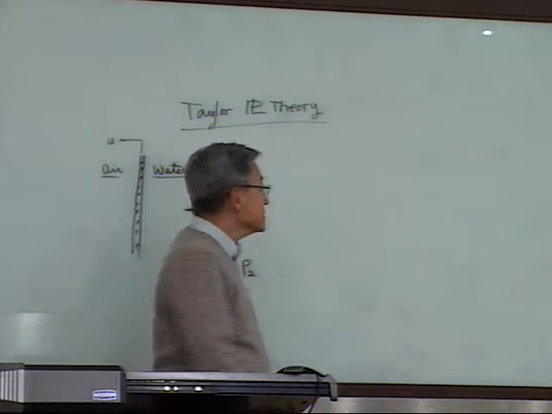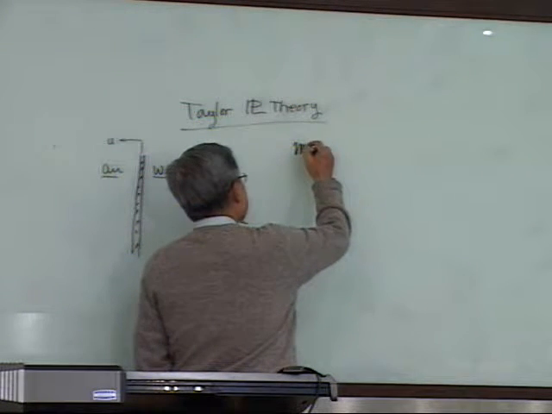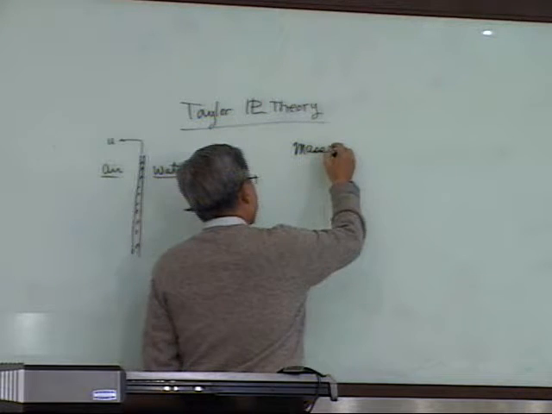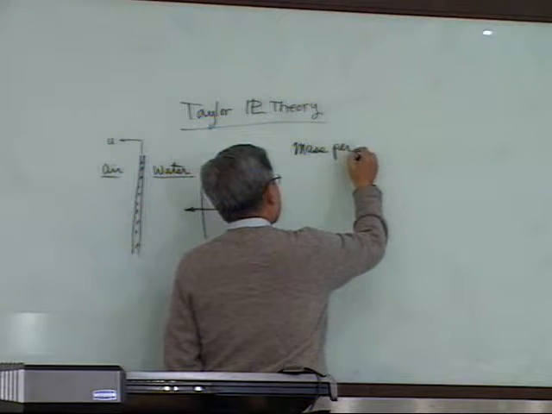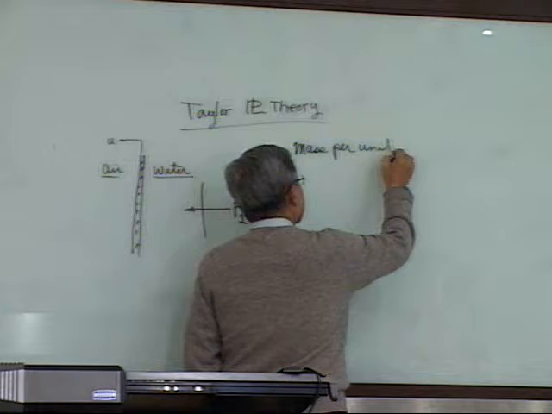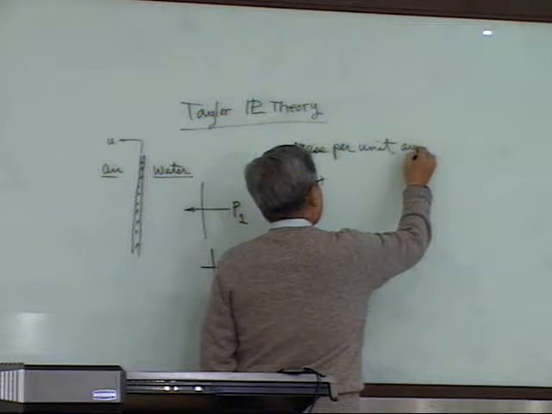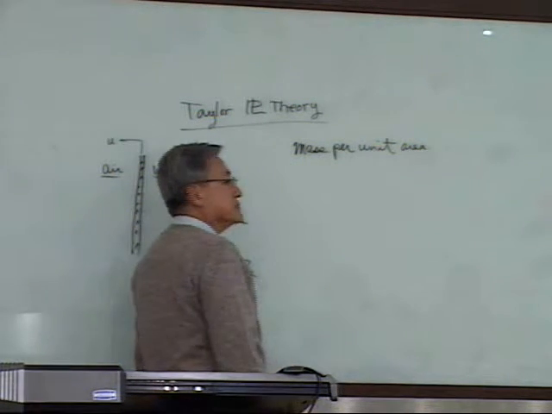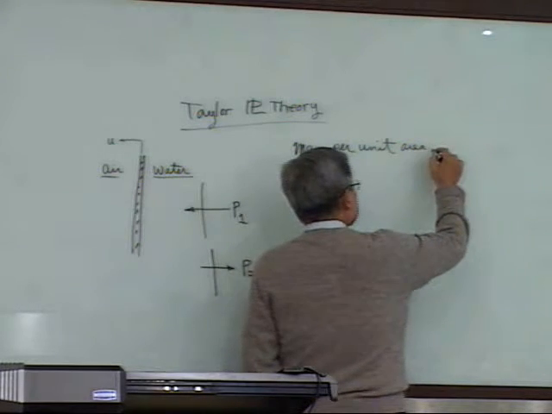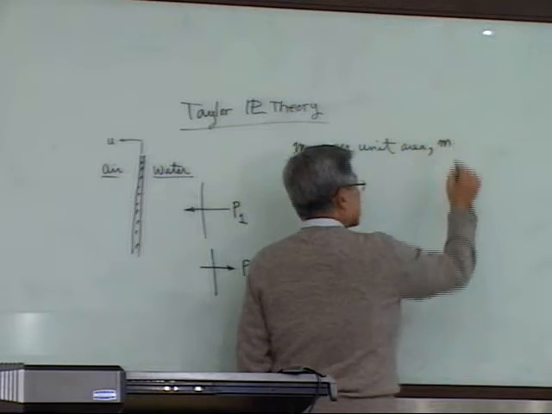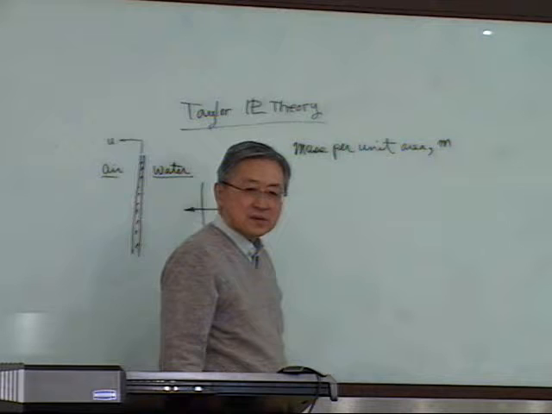Make sense? So we're going to deal with mass per unit area. So I'm going to say mass per unit area is m.